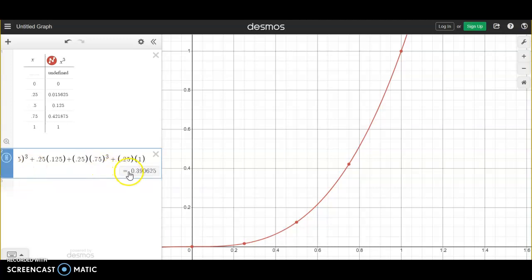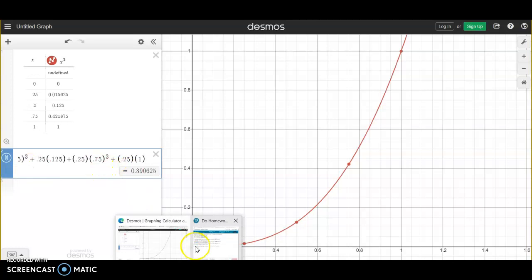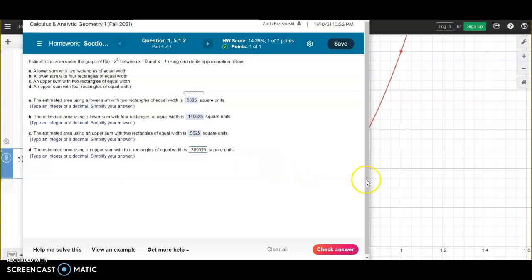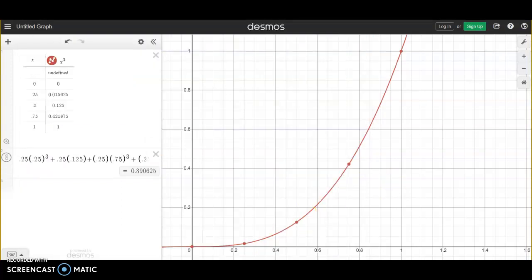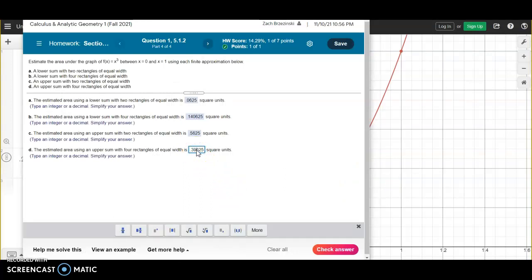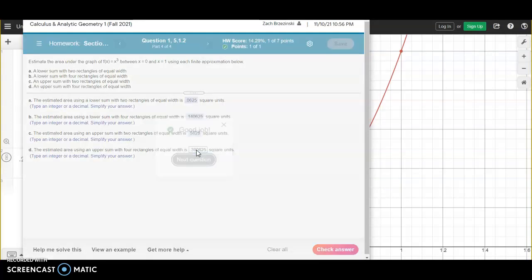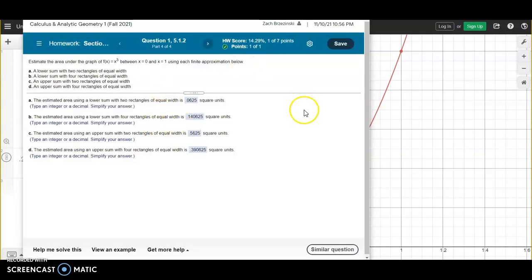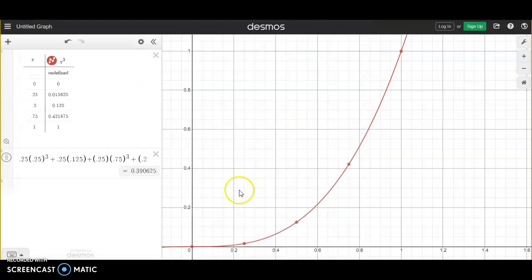And so our answer ends up being 0.390625. I flipped those around. Alright, so now you know how to find the area under a curve like this.